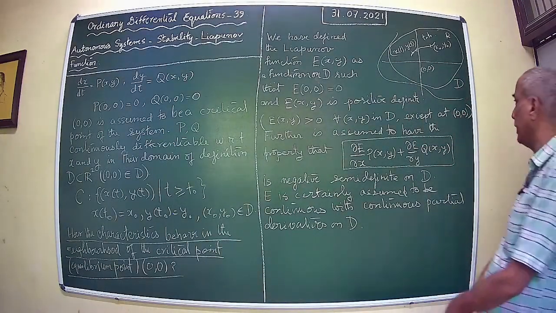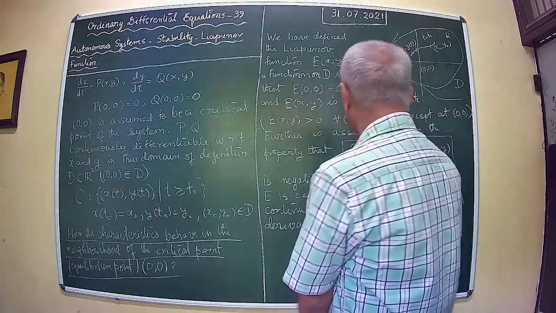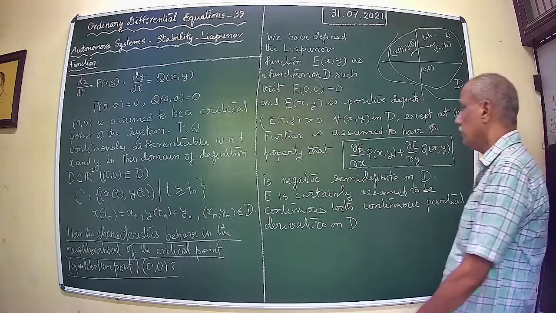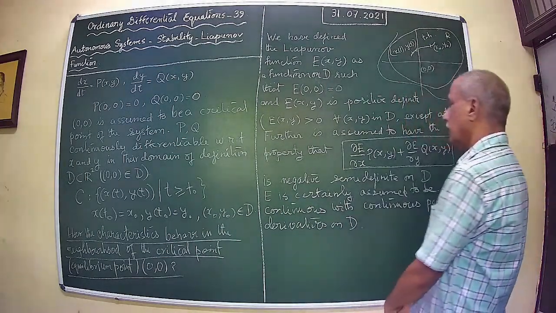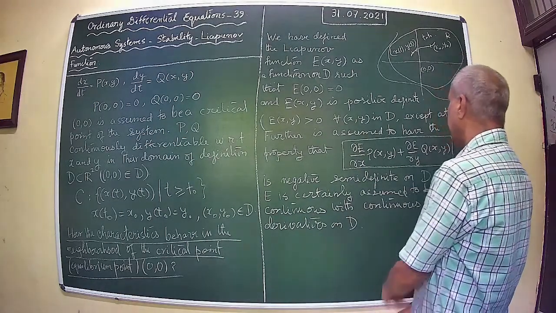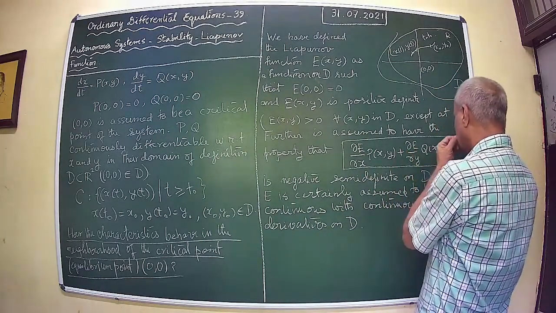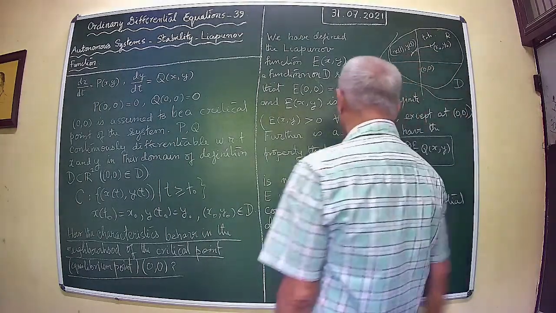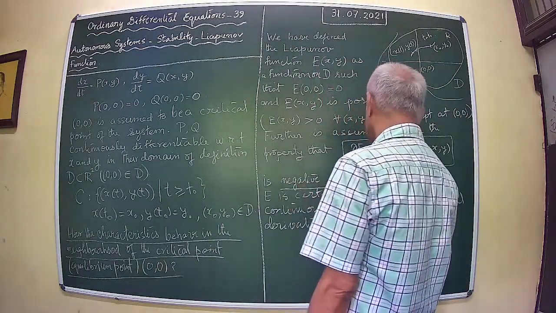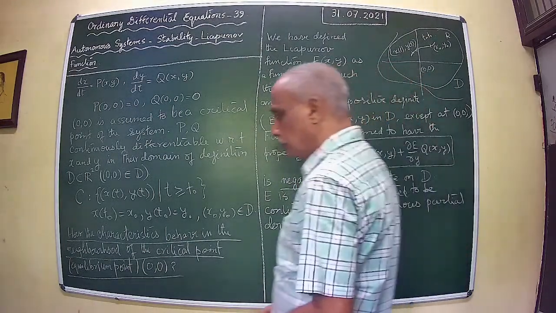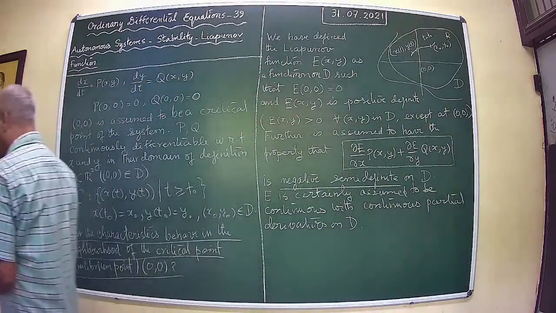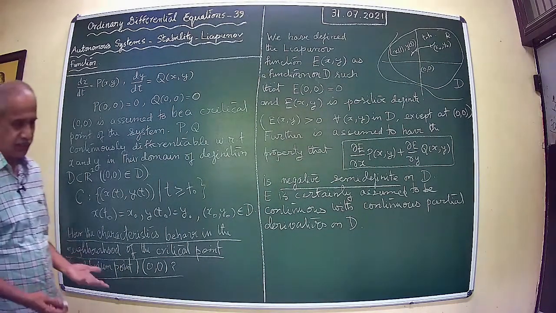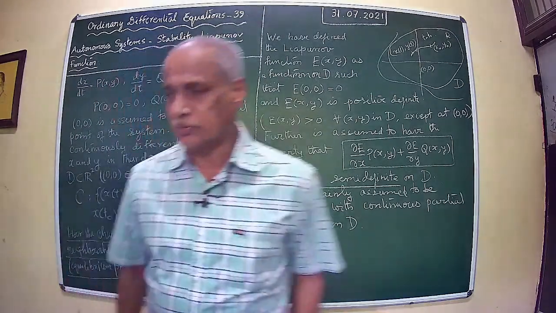That is, E(x,y) is positive for every (x,y) in D except at (0, 0). Further, it is assumed to have the following property, that dE by dx P(x,y) plus dE by dy Q(x,y) is negative semi-definite. So these are the attributes of the Liapunov function. That is, if you have a function having these properties, then you call that a Liapunov function.